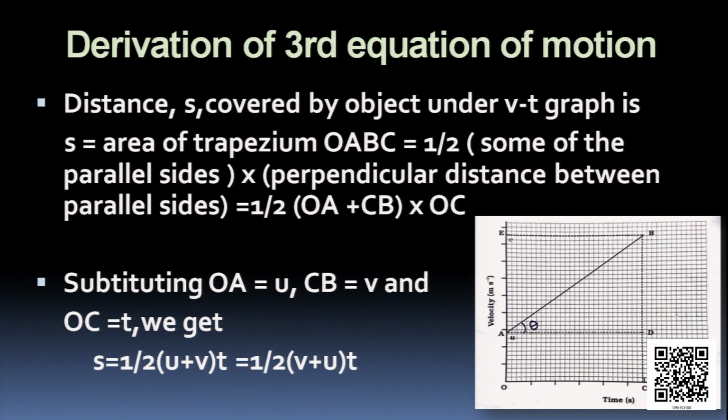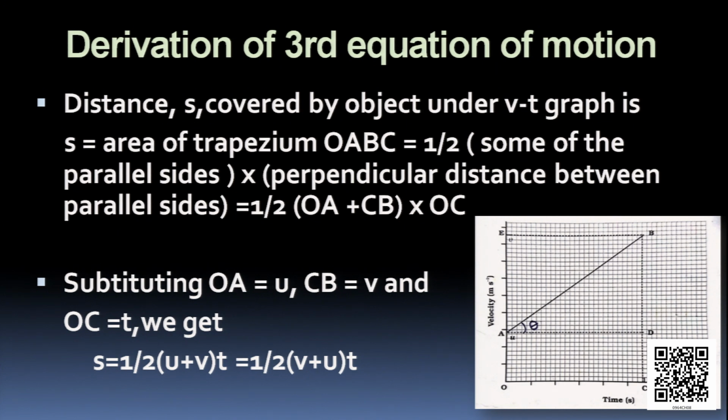Whenever you use the same graph, you have to find out the distance covered by the object under the velocity time graph. You know the technique, how to calculate the distance covered by the object. So the distance covered by the object under the VT graph is S equal to area of the trapezium OABC.